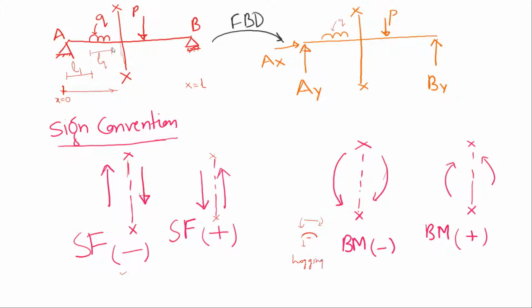And if the beam bends the other way, it would be positive, and it is called sagging. So here we have seen that the bending moment sign convention is negative for hogging and positive for sagging.